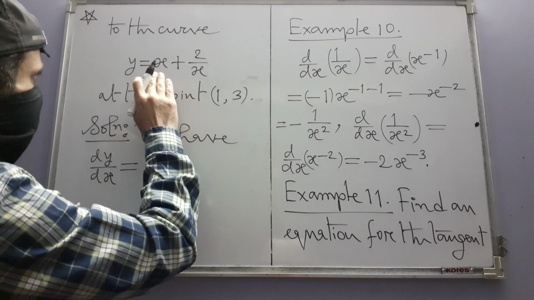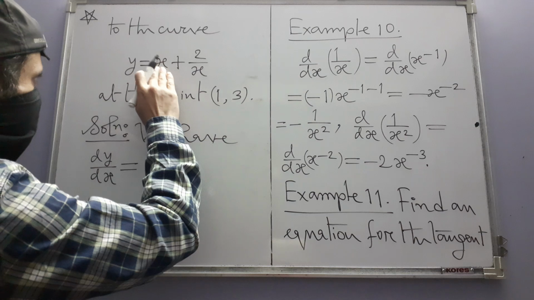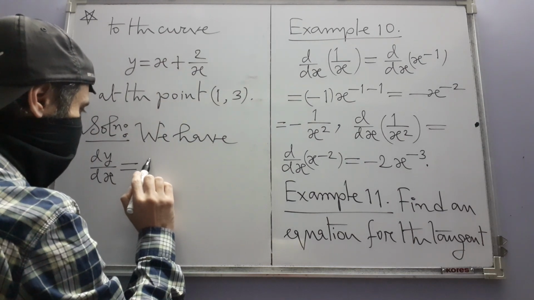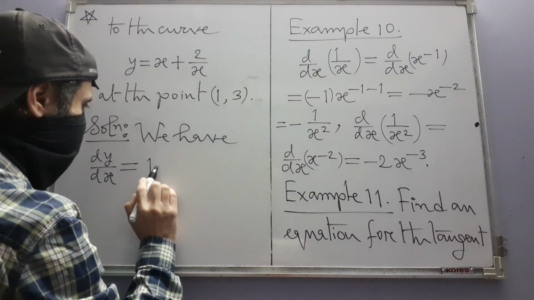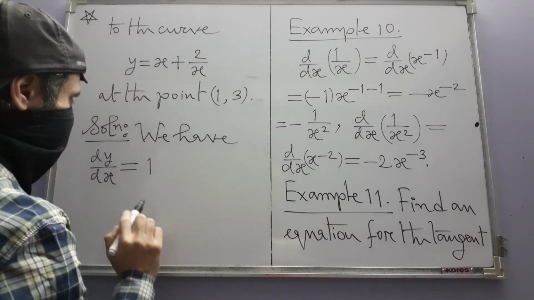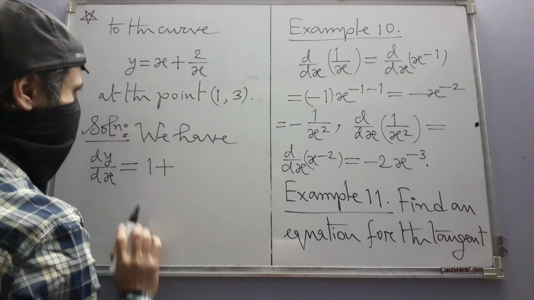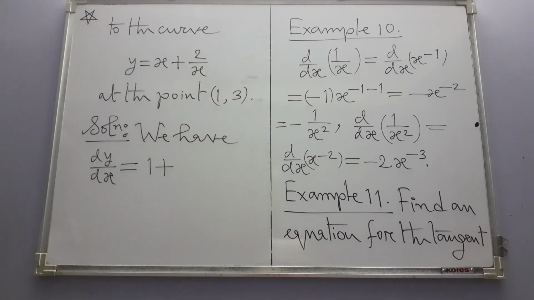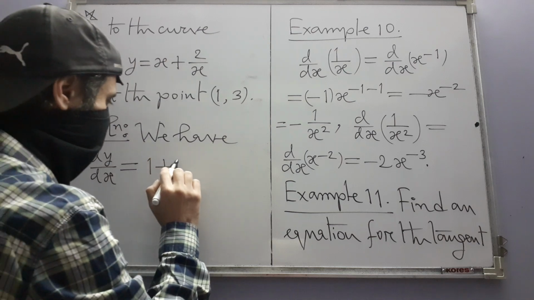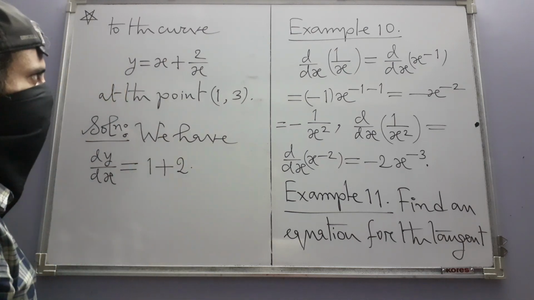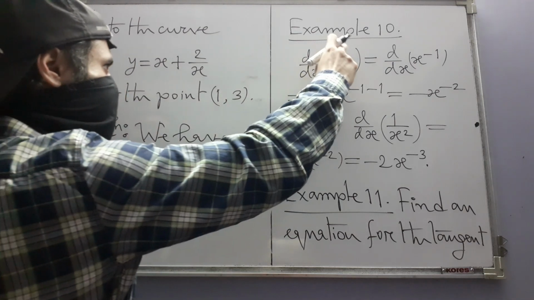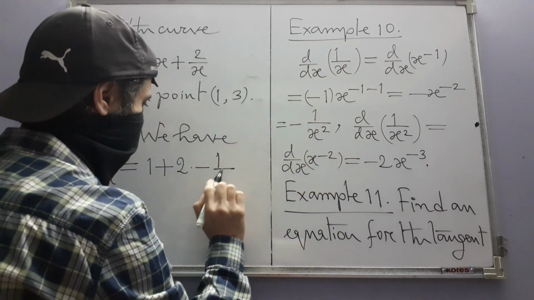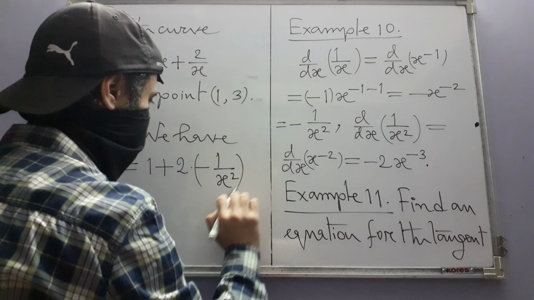So by the sum rule, first you will differentiate this x, and differentiating x gives you 1. You go back to the power rule and see why this is 1, and then you have to use the constant multiple rule. By that rule, you write 2 outside and then you differentiate 1 over x, which gives you minus 1 over x square.